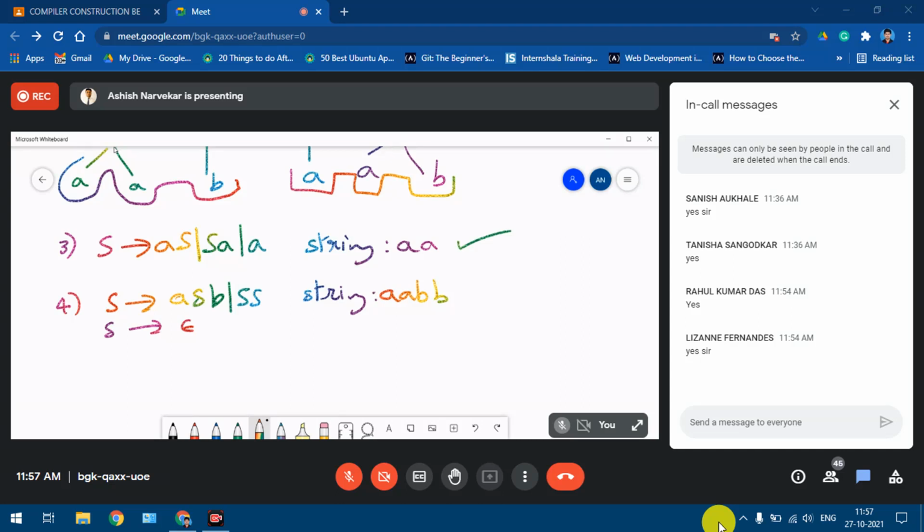Of course, I cannot tell you to enter the parse tree in the chat box. Just tell me whether it is ambiguous or not. We'll give you 3 minutes. The fourth problem you can solve later.